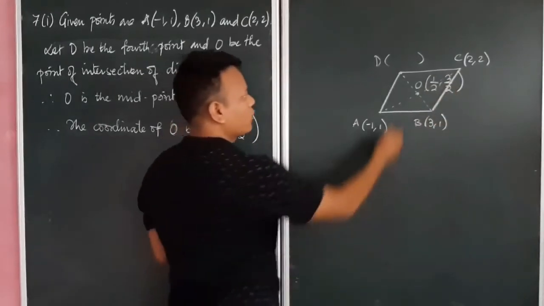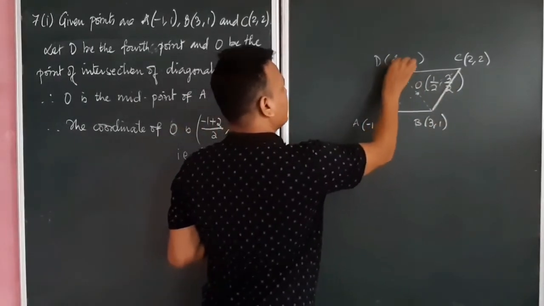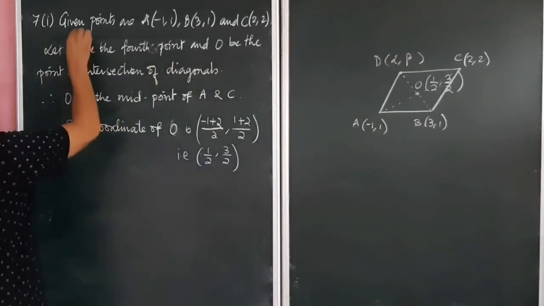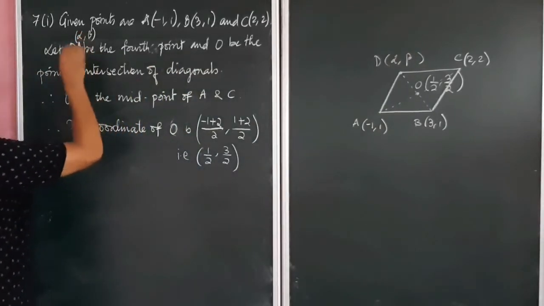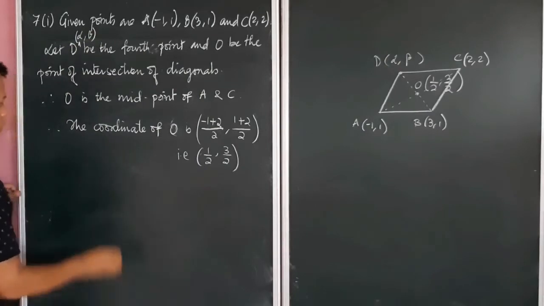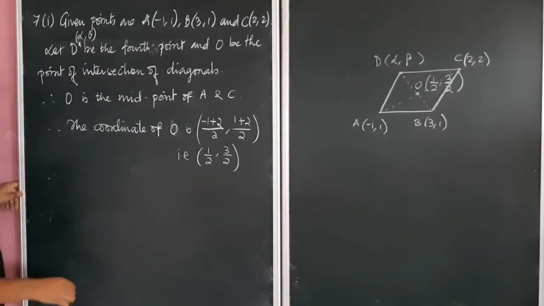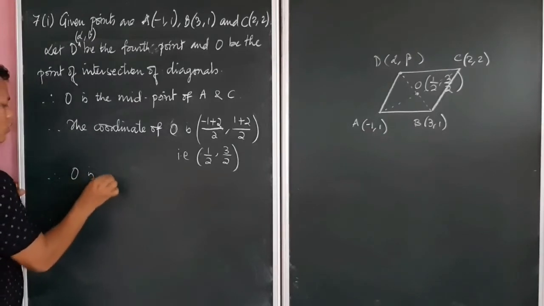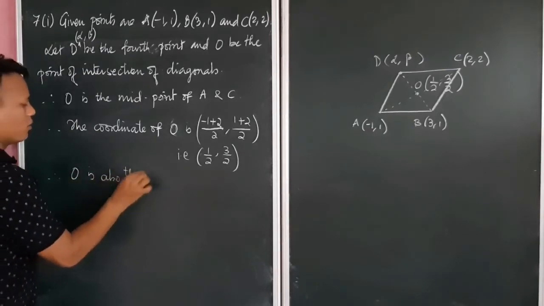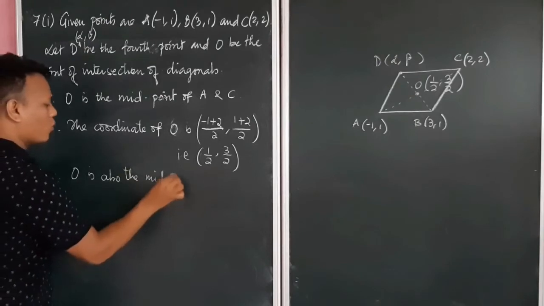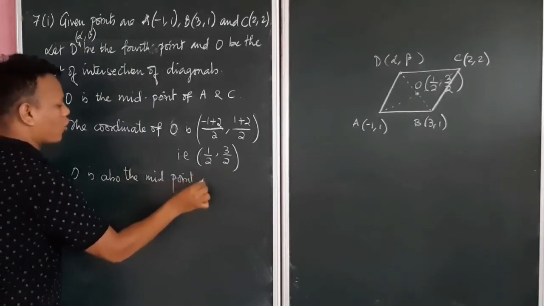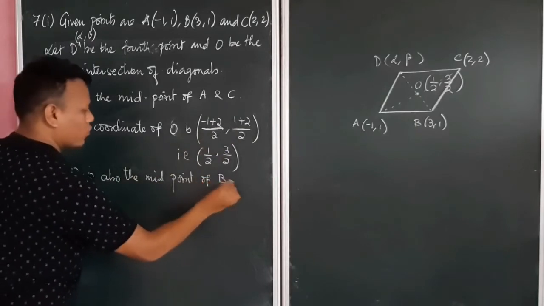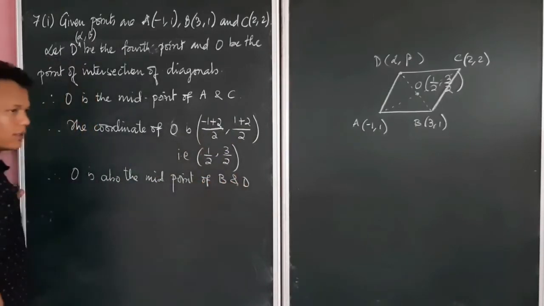Now I don't know the coordinate of this. Let me call it alpha comma beta. O is also the midpoint of B and D, isn't it?